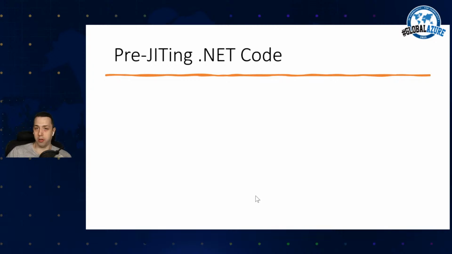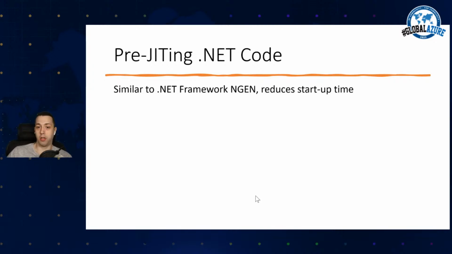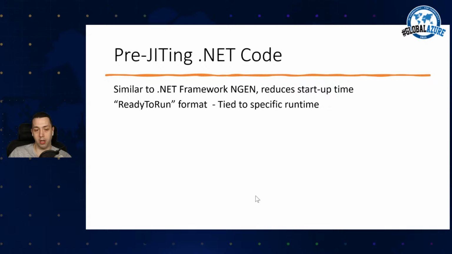We can also pre-compile .NET code. Maybe if you've been using .NET Framework applications for a while, you might remember Ngen, the native image generator. You install your .NET app, you run Ngen, or it is run automatically during an install process, and it will pre-generate the machine code that's going to be executed for your specific machine.